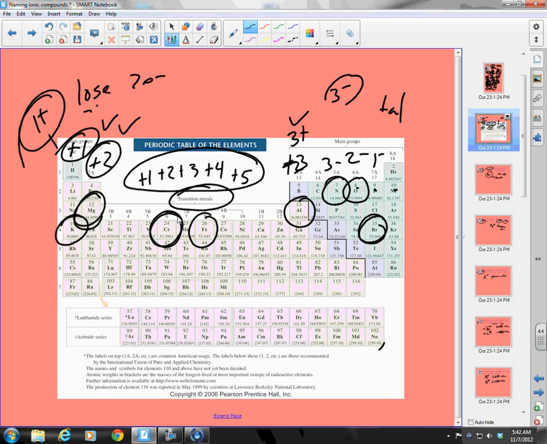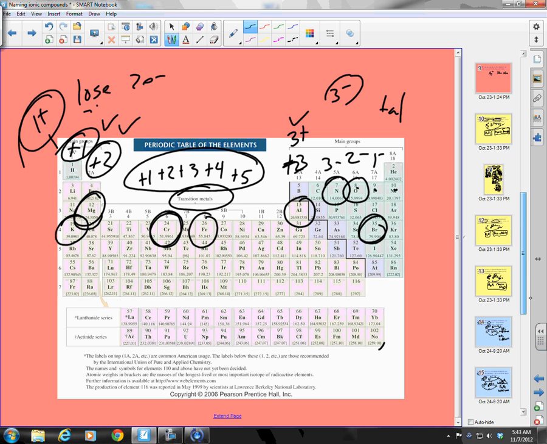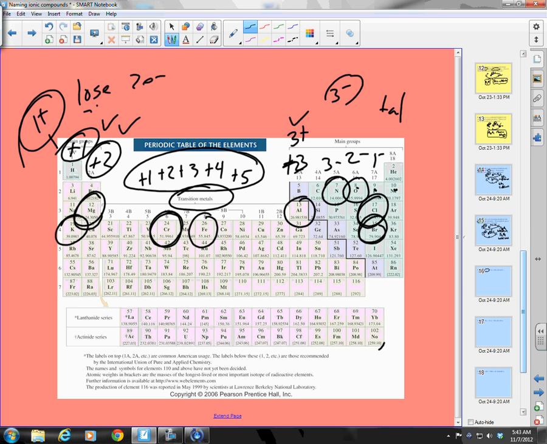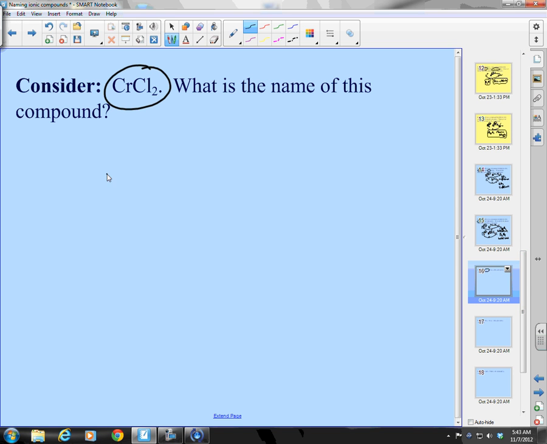How do I figure out then what its charge is? Well, let's look at my chlorine. My chlorine is a -1. Got it. Okay, so what do we do now? We have Cr, and I don't know its charge, and I have Cl, which is a -1, right? And how many of these Cl's do I have? I have 2 Cl's.